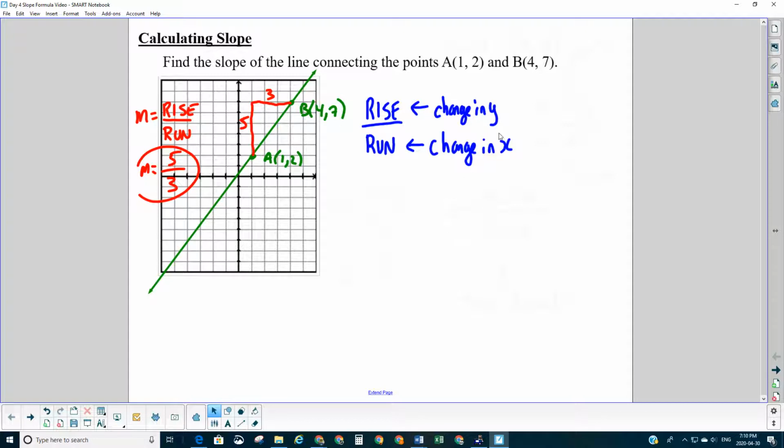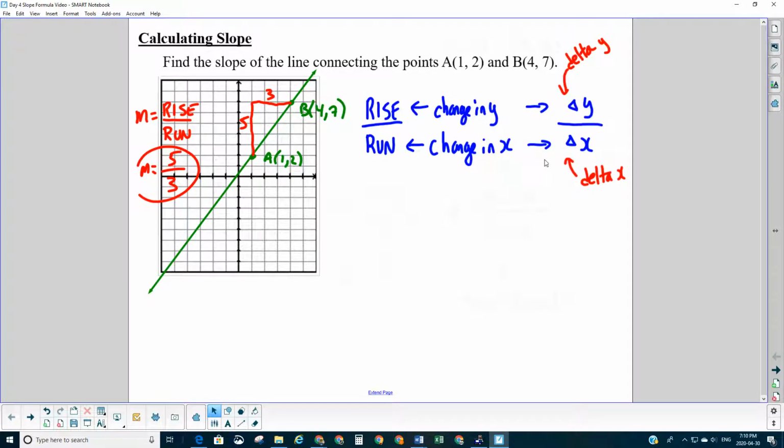Another way of imagining the slope is delta y over delta x. Delta is a Greek letter, and in math it means change. So this is a fancy way of saying the change in y over the change in x. Delta y over delta x, just a fancy way to describe rise and run.